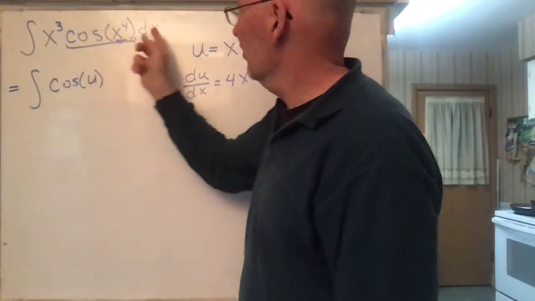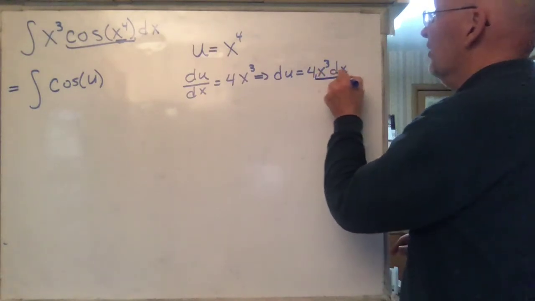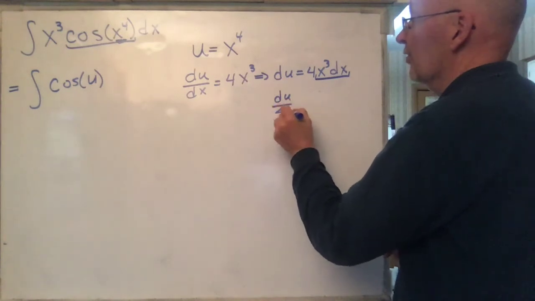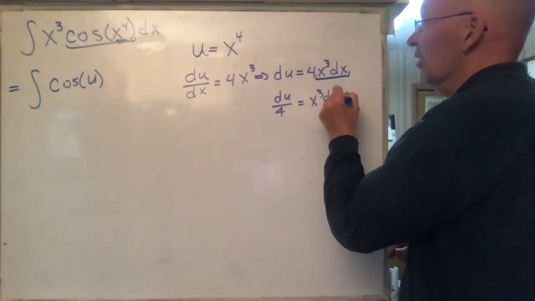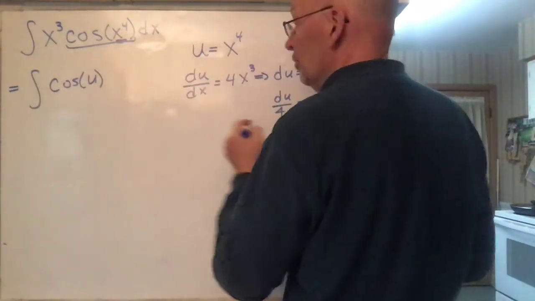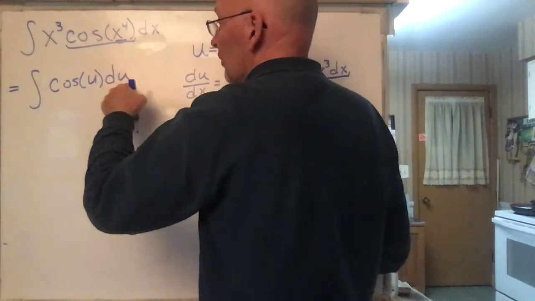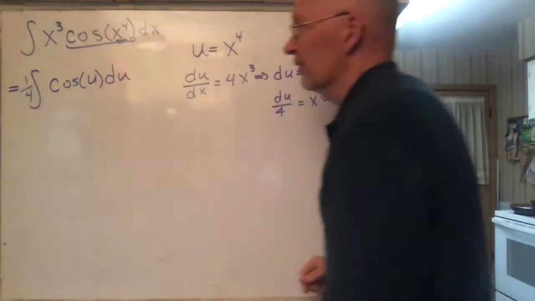We have an x cubed dx. Well, notice that x cubed dx is equal to du divided by 4. See that? du over 4 is equal to the x cubed dx. So in place of x cubed dx, I'm going to put du, and divided by 4. I could put the 4 here, but we might as well bring it right out front, like so.